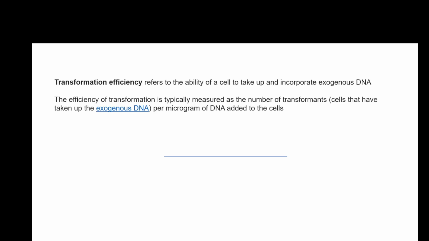Then we allow that cell to recover by adding some media and then plate it on an antibiotic selection plate. With the antibiotic selection, only the bacterial cells which have taken up the foreign DNA will grow, because the antibiotic will kill the non-transformant bacteria.